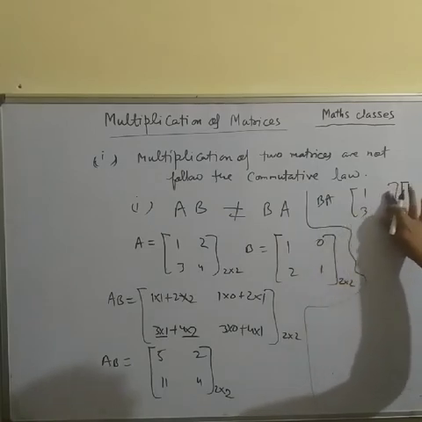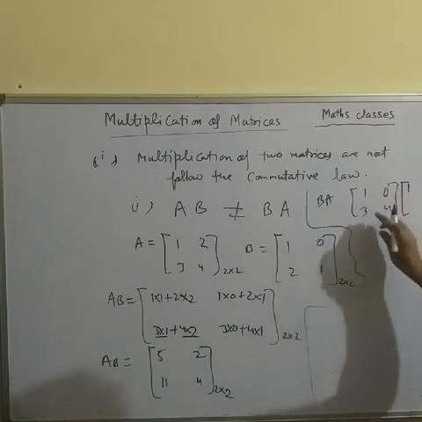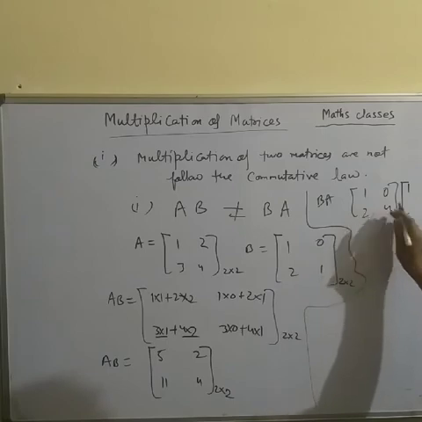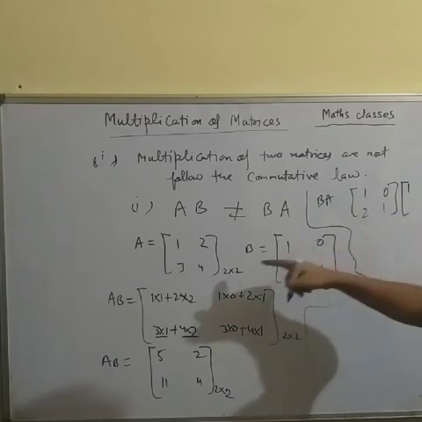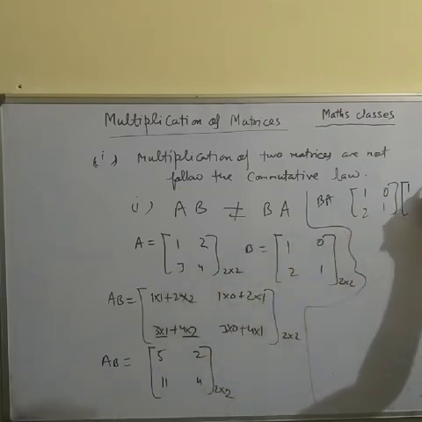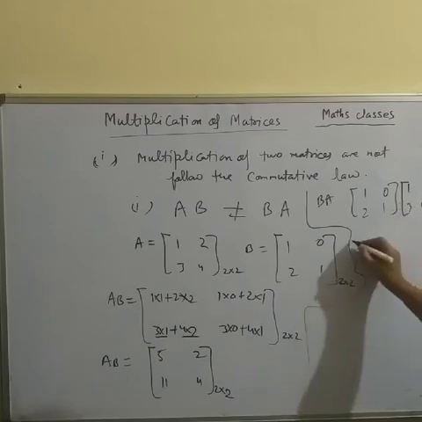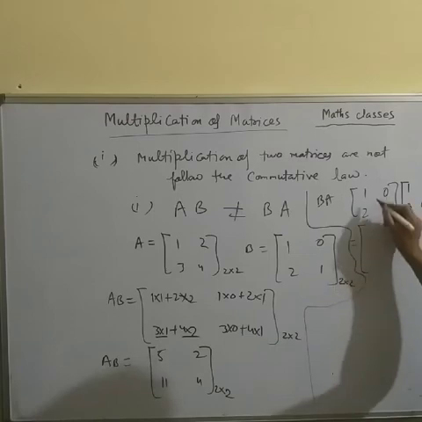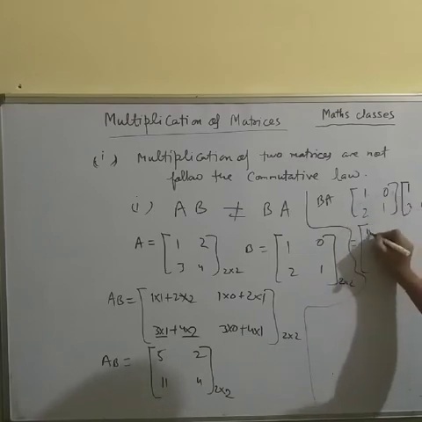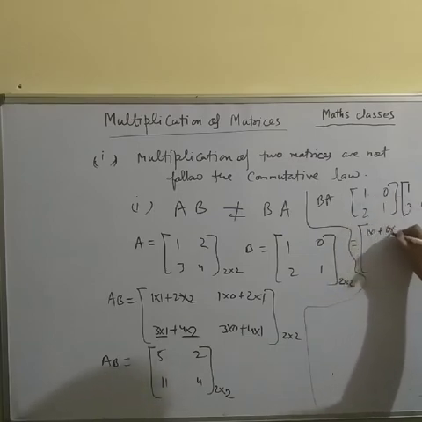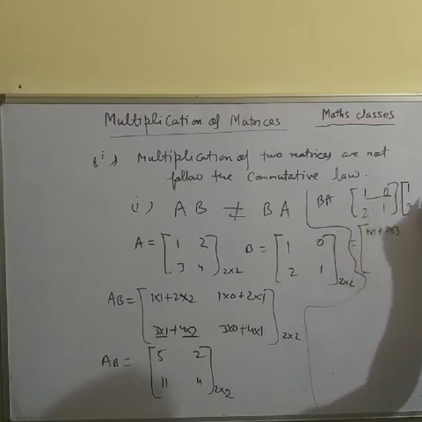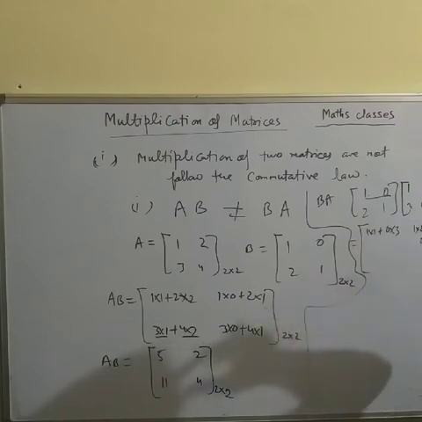B is 1, 0, 2, 1, and this is A, 1, 2, 3, 4. 1 multiply 1 plus 0 multiply 3. Again this multiply to this. 1 multiply 2 plus 0 multiply 4.